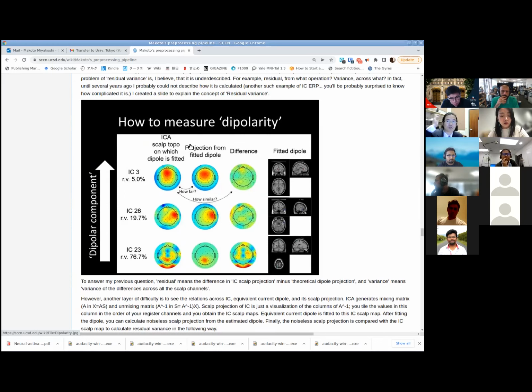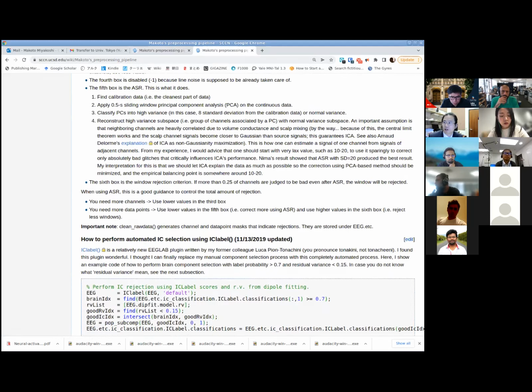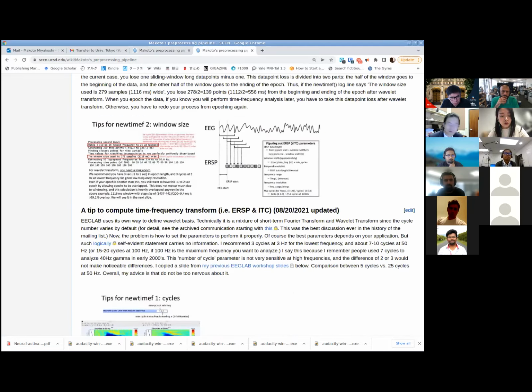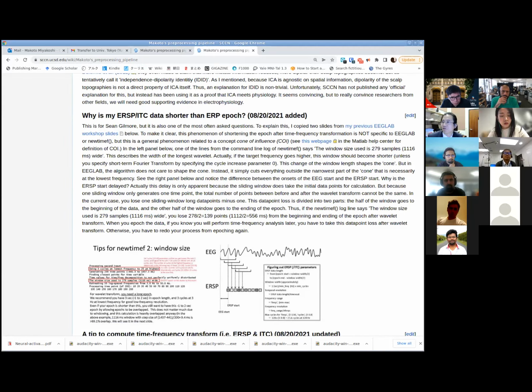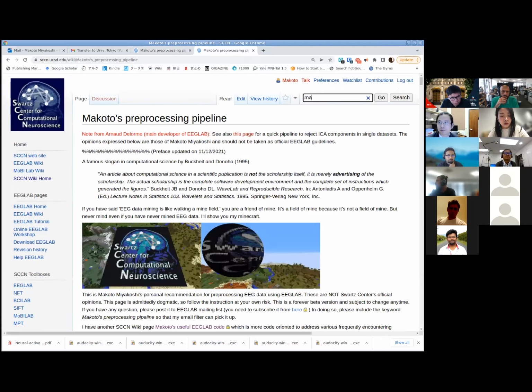So I mentioned 3 methods, right? One is the IC label, the other one is the residual variance, and the last one is the inside the brain. And all of those 3 methods were, let me see, how do I jump to the top? Maybe this window is not maximized, right? Let me jump to Makoto's useful EEGLAB code.